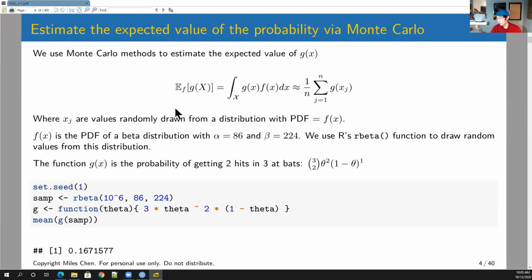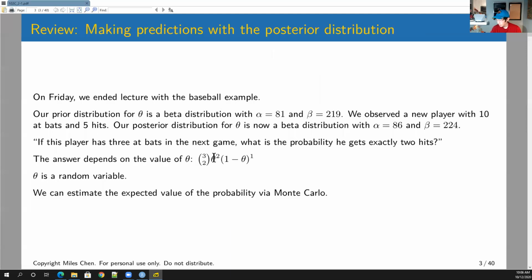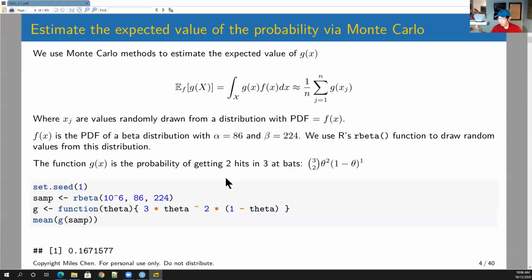We're going to estimate the expected value. Because it's a random variable, the actual answer could be anything. The true answer could be much higher or much lower than this, but we're going to try to estimate the expected value of it.